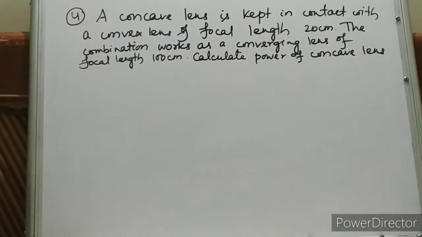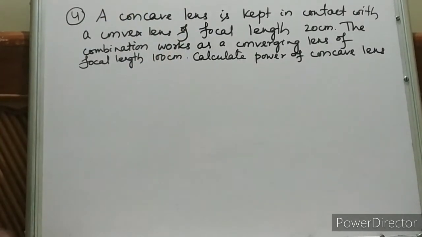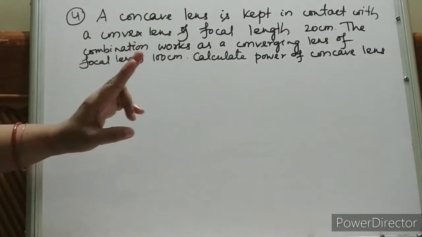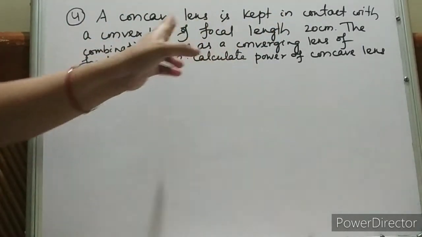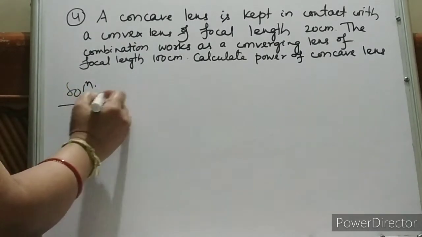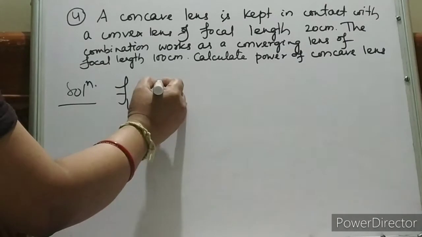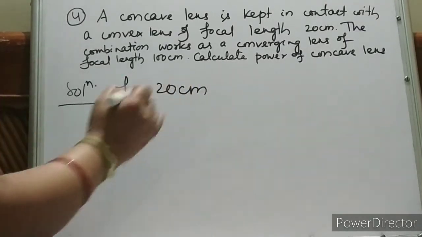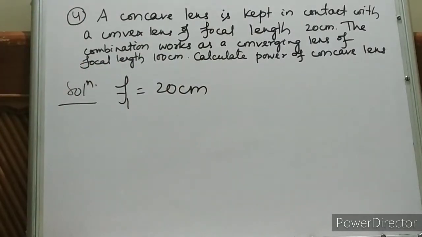Now the next problem is, a concave lens is kept in contact with a convex lens of focal length 20 cm. That means the focal length of the convex lens is given. So let the focal length of the convex lens f1 is 20 cm. The combination works as a converging lens.